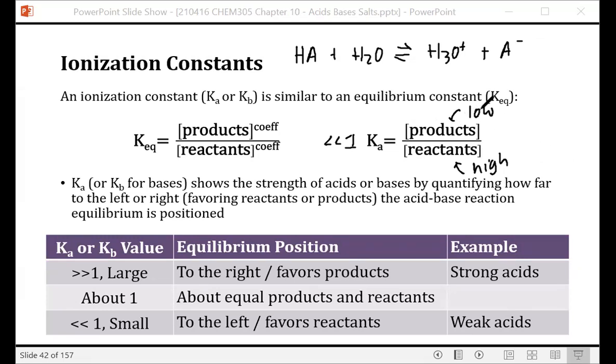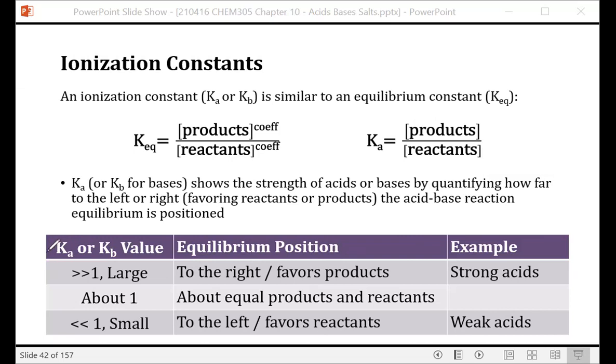If you have a relatively low concentration of products, it means you didn't make very much H3O+ or A-, which meant that you had a low or incomplete ionization of your acid. It didn't make much H+. Therefore, there wasn't very much H+ to protonate the water to make hydronium ion and to generate the conjugate base A-. So low Ka or Kb values give us an indication that we have a weak acid or a weak base.